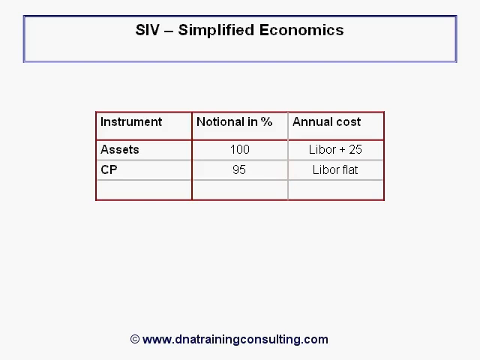Assume next that the SPV issues $950 million of commercial paper, which would represent 95% of its total liabilities, and a final $50 million, or 5%, in the form of more junior or subordinated notes, typically referred to as the capital notes.